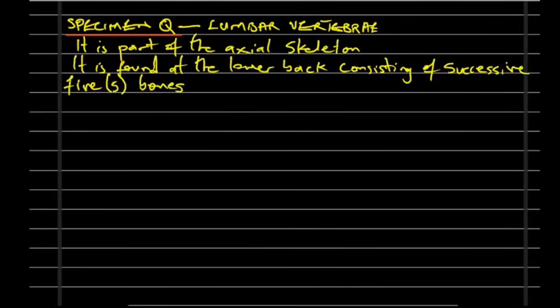We have the L1 to L5. Those are the set of bones that we have on the lumbar vertebrae.